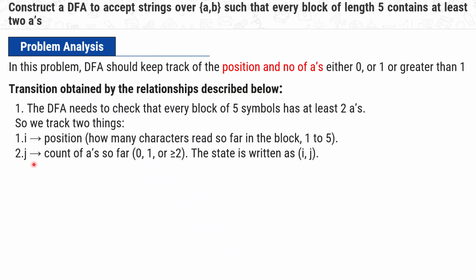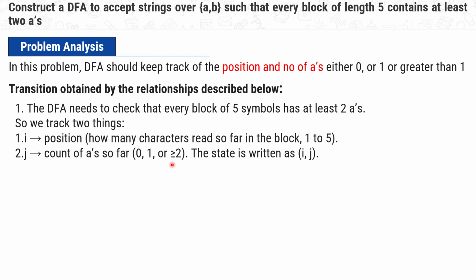There are two symbols I have taken, I and J. I indicates the position, how many characters have been read so far in the block, that means 1 to 5. J counts the number of A's so far, that means 0 A's, 1 A, or greater than or equal to 2 A's.